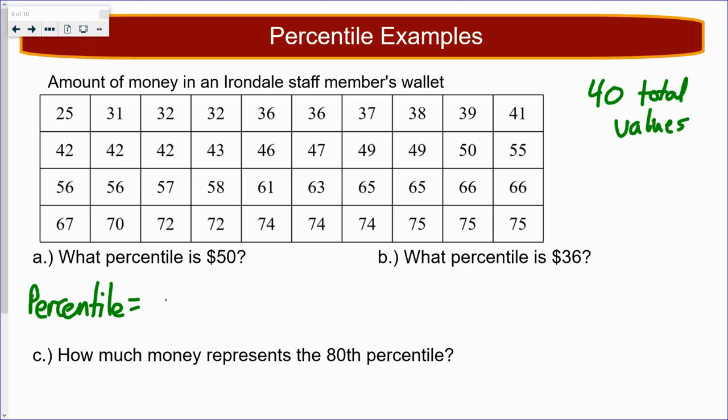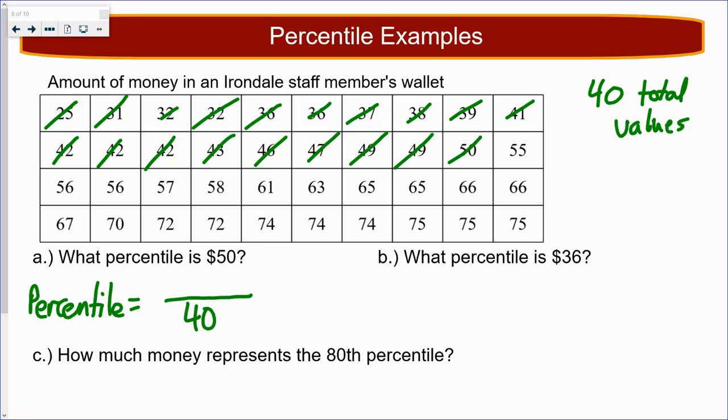The total number of values in the data set is 40. So our numerator, we are going to count all the way up to and including $50. So we've got 1, 2, 3, 4, 5, 6, 7, 8, 9, 10, 11, 12, 13, 14, 15, 16, 17, 18, 19. So 19 of the values in this data set were at or below $50.